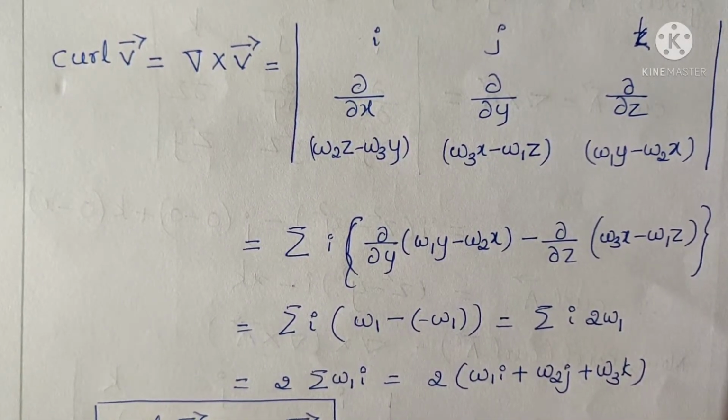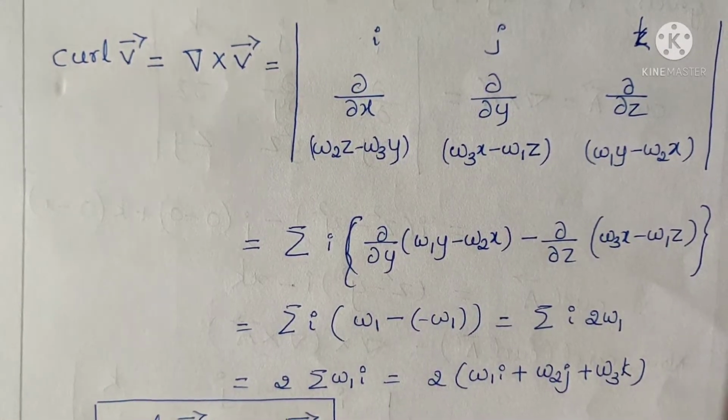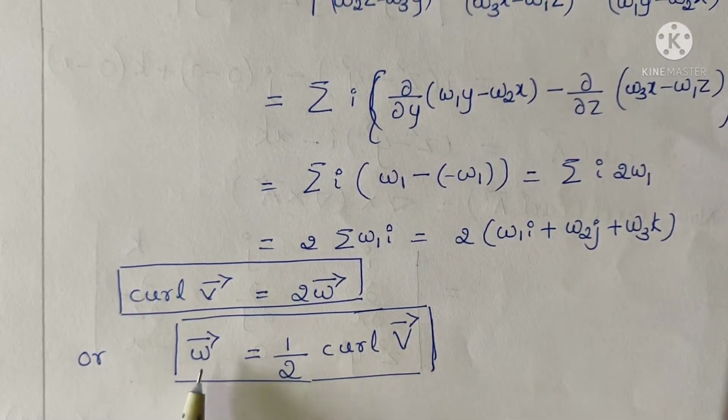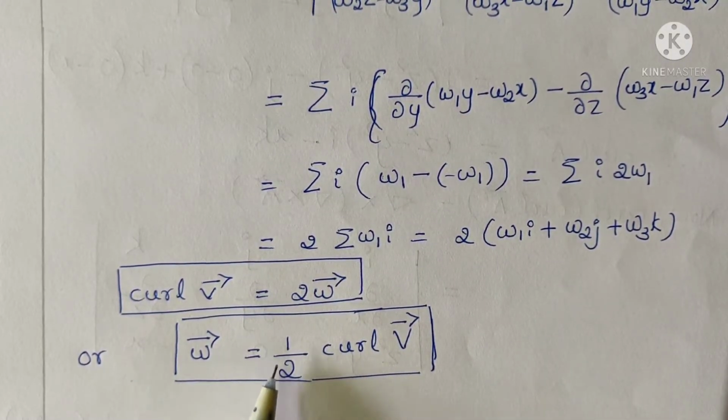What does it mean? In the physical meaning of curl, I have mentioned in the note that for any rigid body, the curl of its linear velocity is nothing but twice its angular velocity. So the angular velocity of any rigid body is half of the curl of its linear velocity.